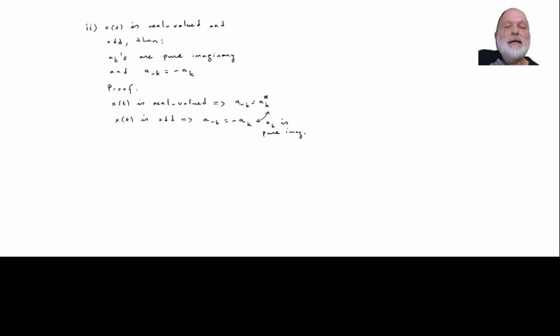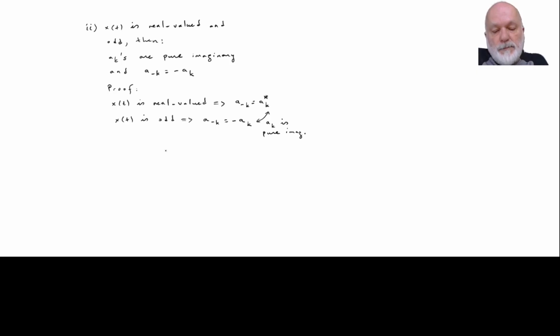This means that if you have a certain positive frequency component, you necessarily have a negative frequency counterpart. And also we have obtained the conditions that should be satisfied by the Fourier series coefficients for real valued even and odd signals.